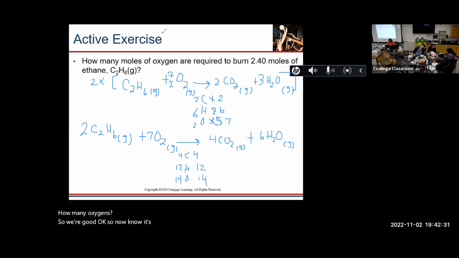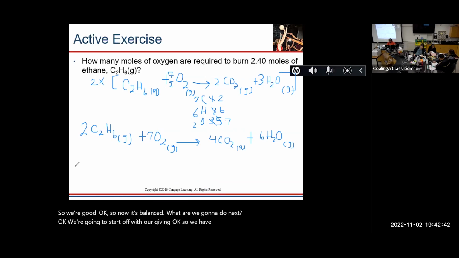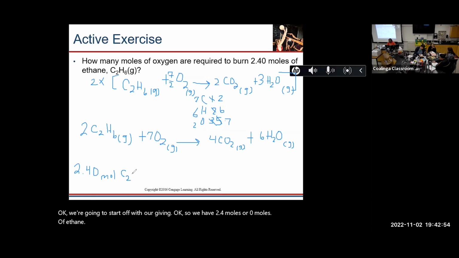What are we going to do next? We start off with our given. Okay, so we have 2.4 moles of ethane.